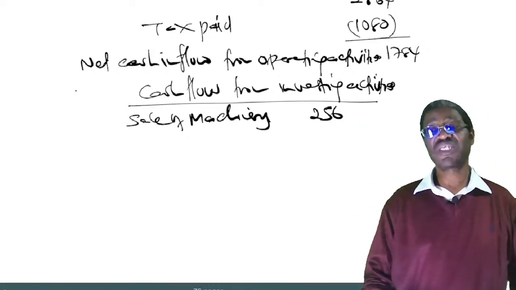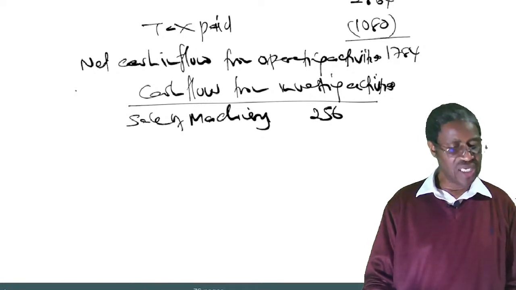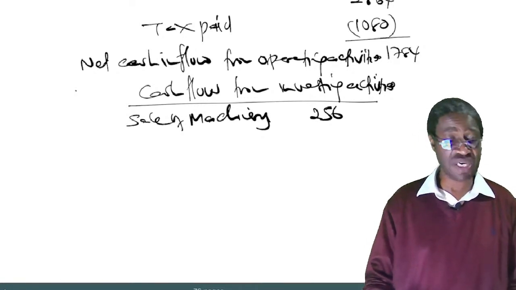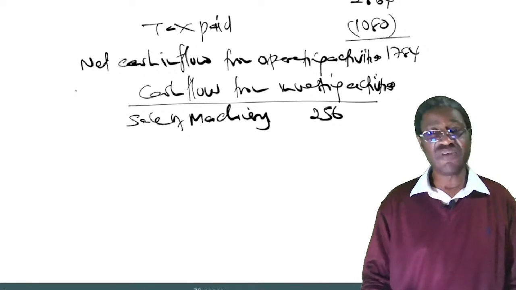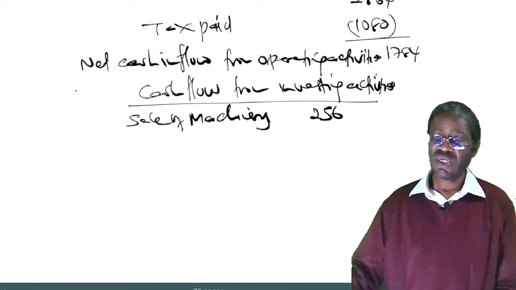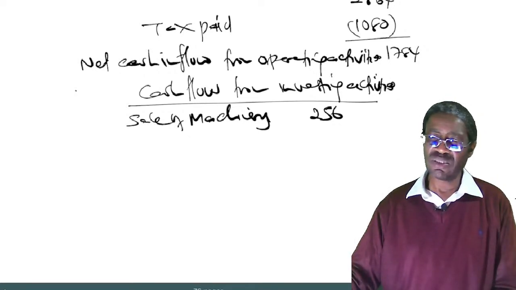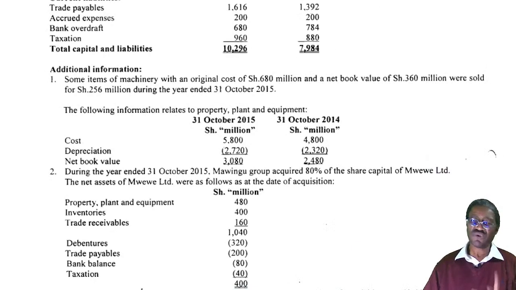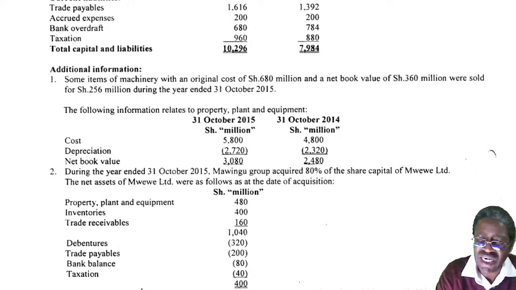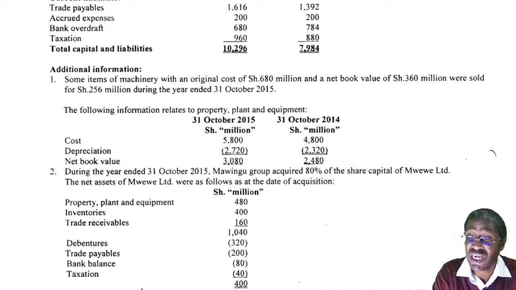Next, we are still looking for any other non-cash item and other investing activities. Listen, from the same note number 1, we prepared an account called property, plant, and equipment.